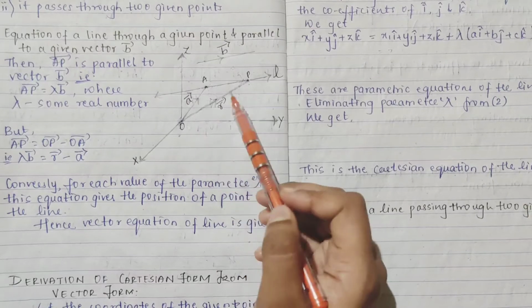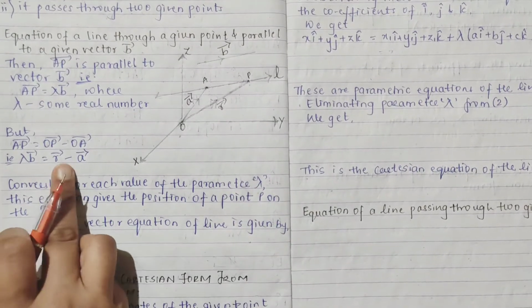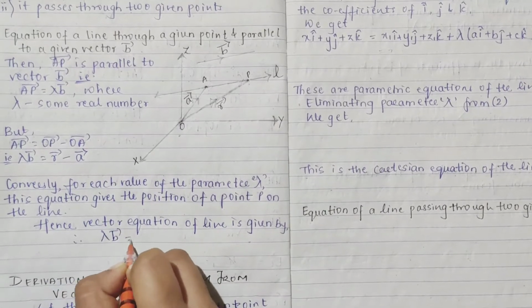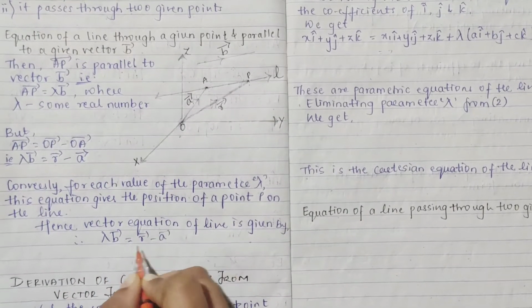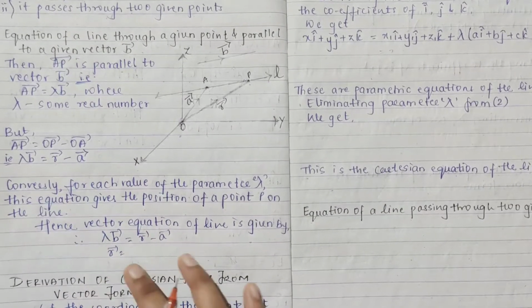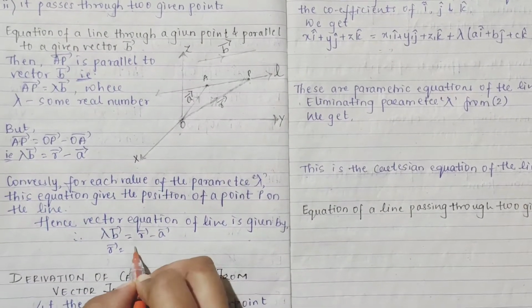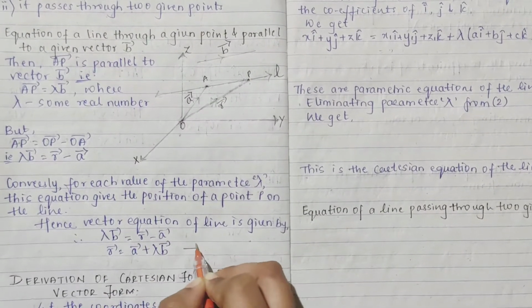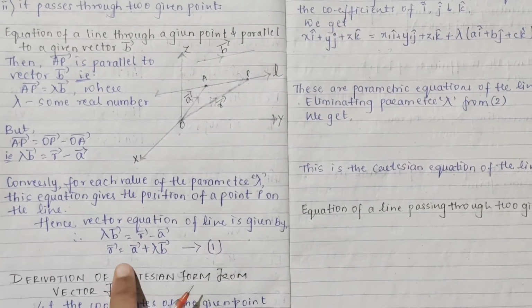So if I want vector R, I have to take A to the left hand side. So this becomes vector A plus lambda vector B. You can take this as equation 1.